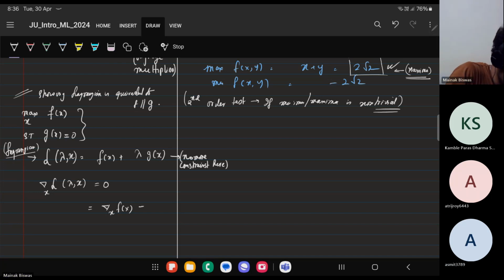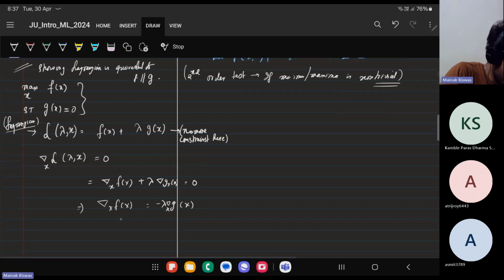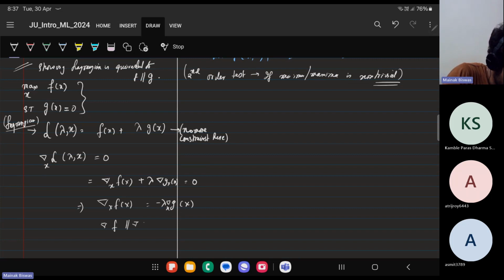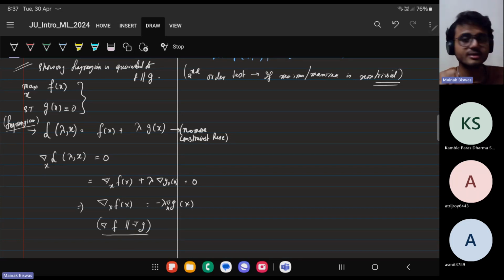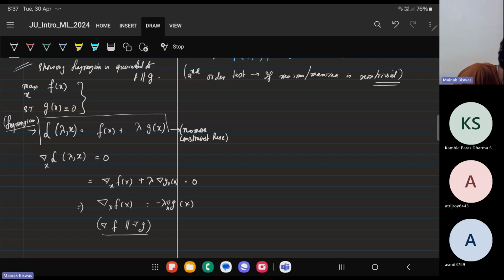Very good. Which means, clear to everyone? Now the gradient of f is parallel to the gradient of g. Agreed? These two are equivalent, right?